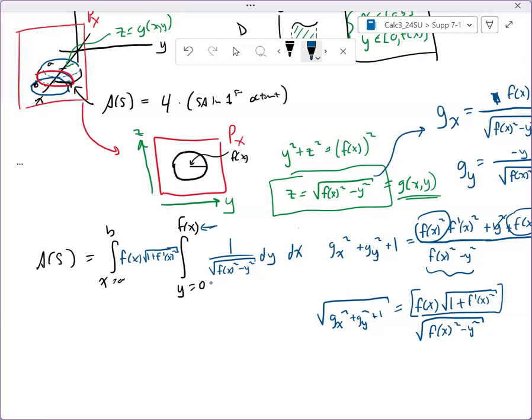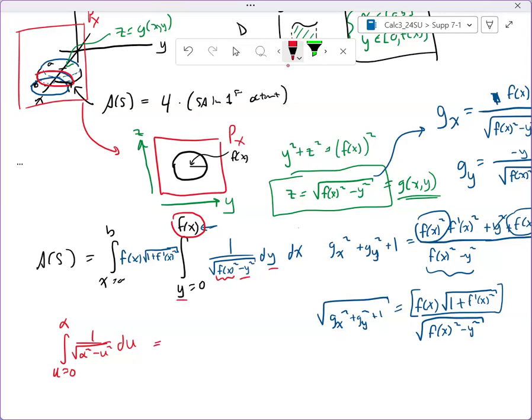We could do a trig substitution here, or we could just remember or look up that the integral from u equals 0 to alpha of 1 over root alpha squared minus u squared du, which is exactly what we have here for alpha equals f of x, just some constant, and u equals y.